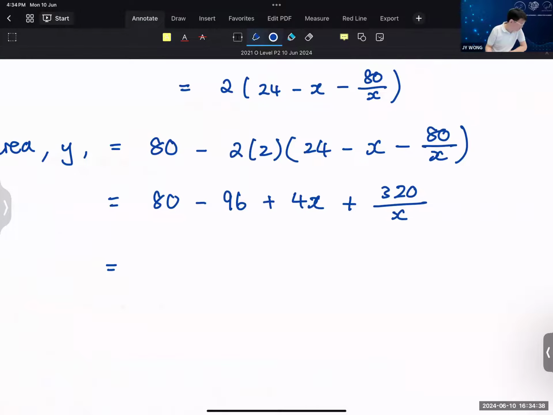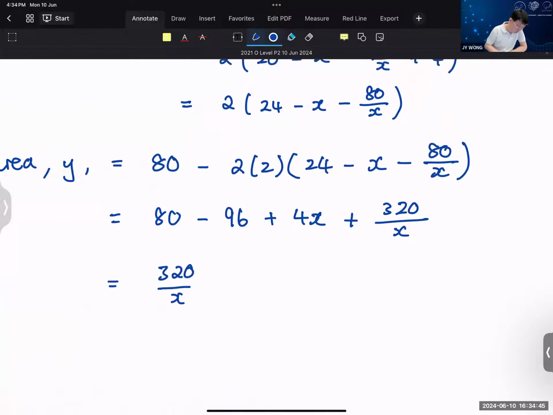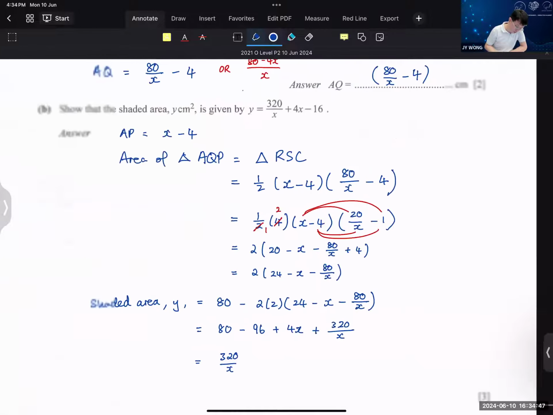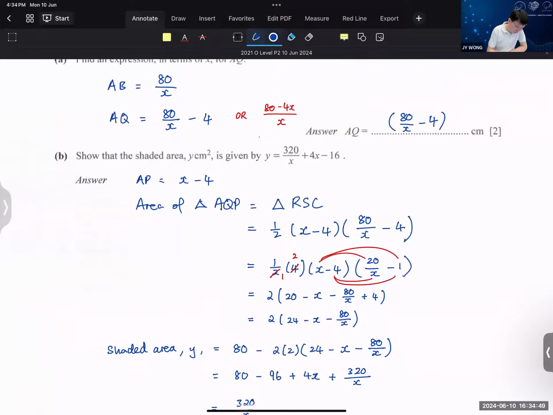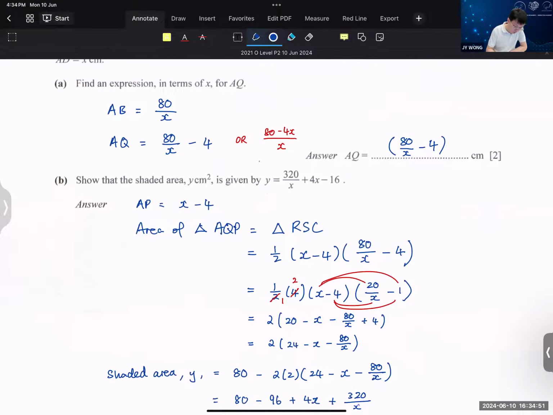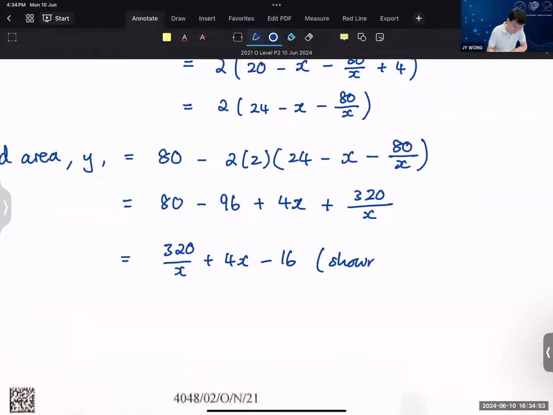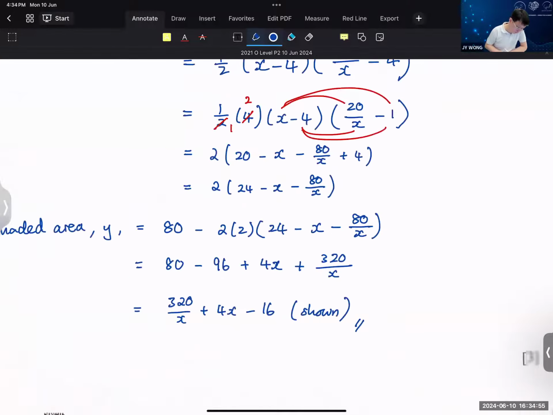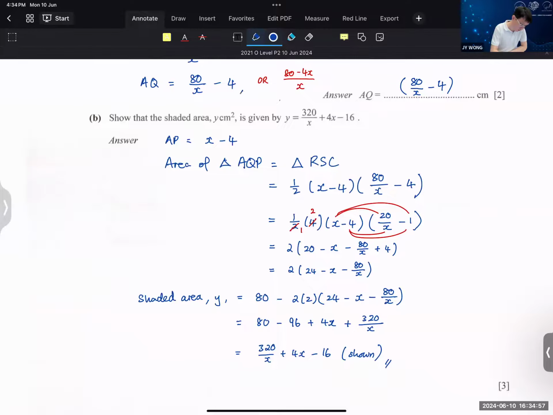And therefore, this will simplify down to 320 over x plus 4x minus 16. Okay. So it's just quadratic expansion in this case, nothing complicated.